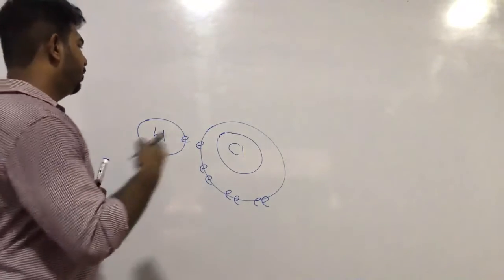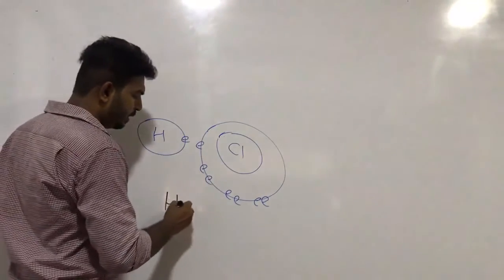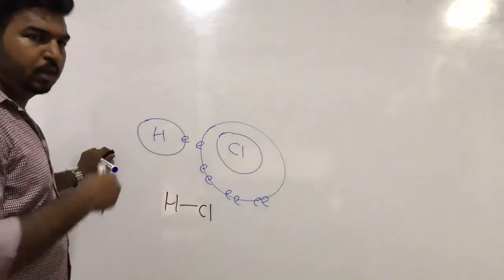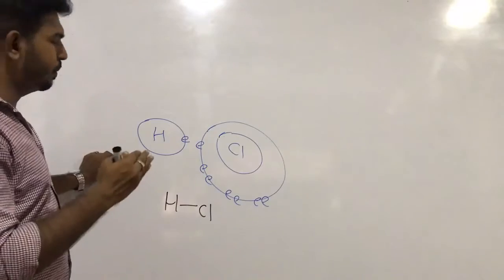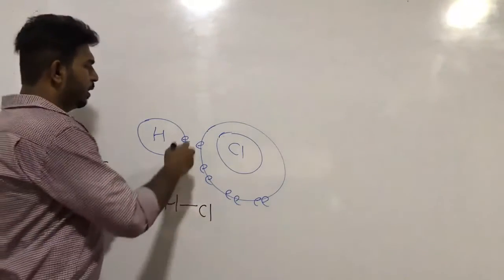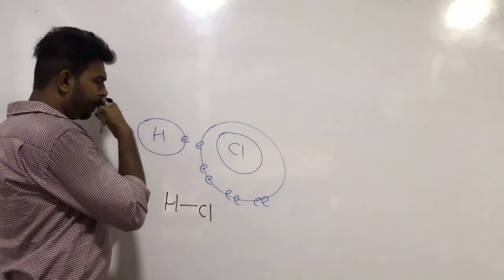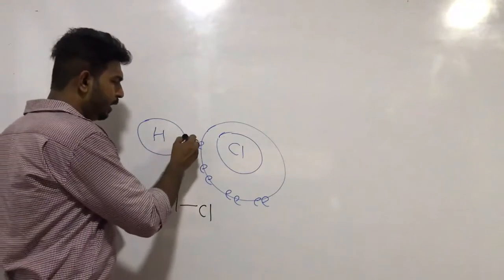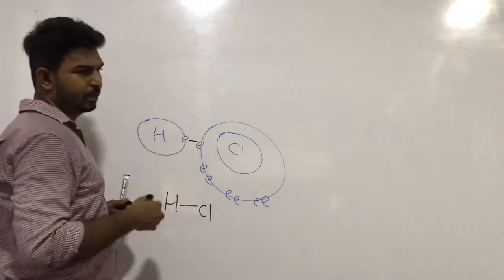When the bond forms between hydrogen and Cl, the last electron of hydrogen and the unpaired electron of chlorine will be chemically attracted.